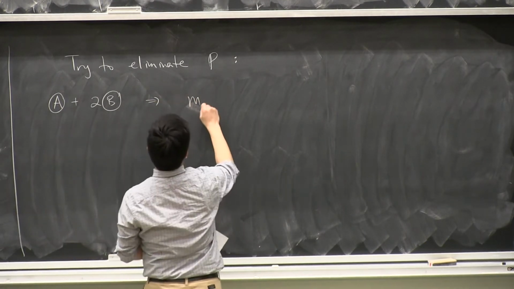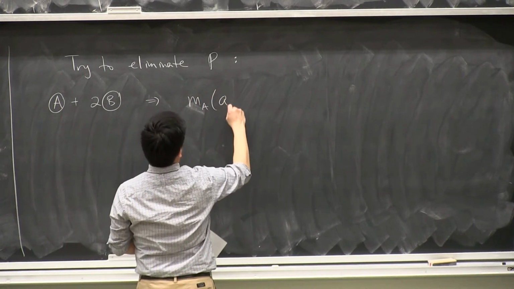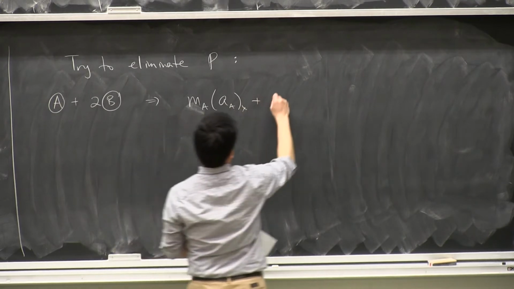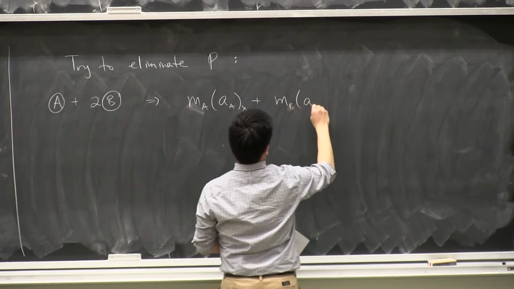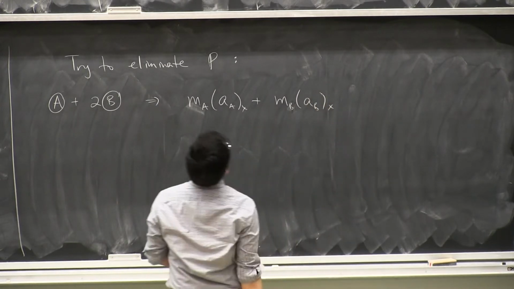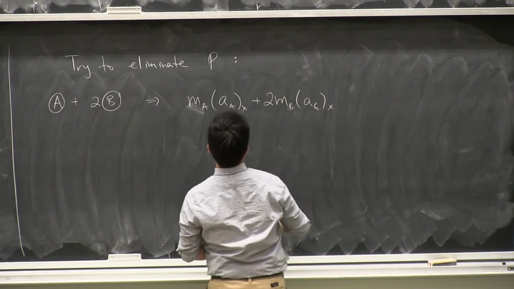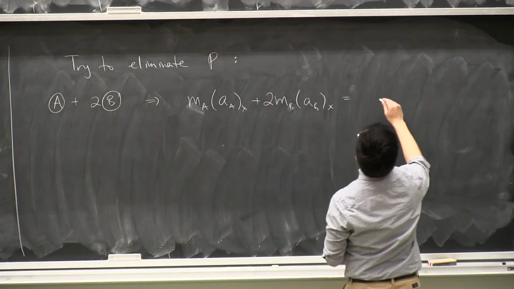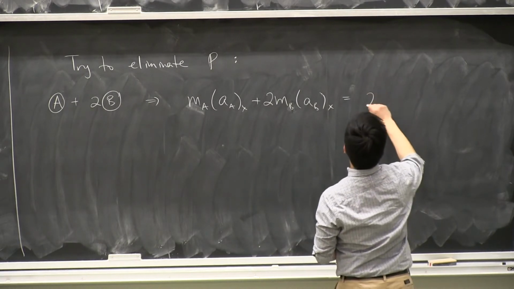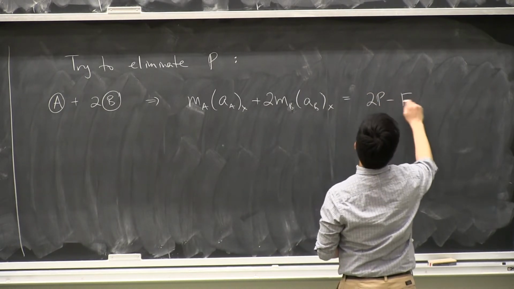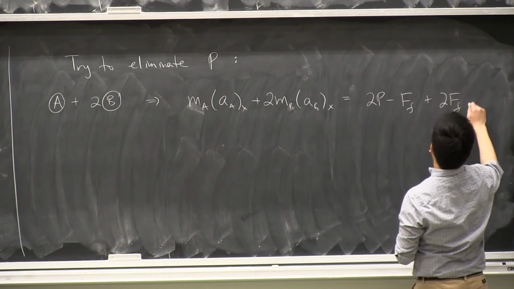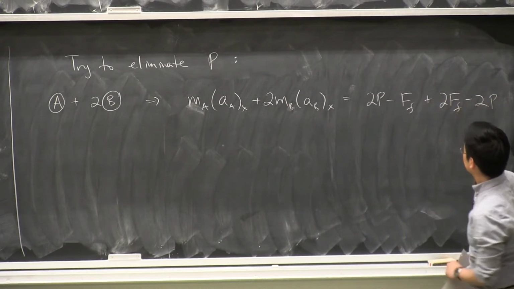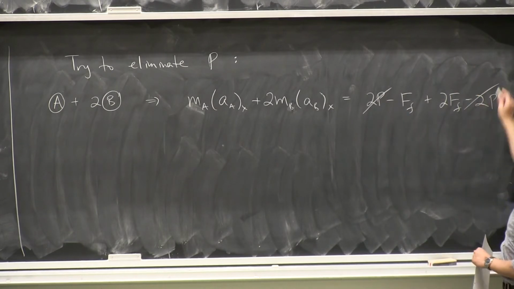So here's my MA AAX plus MB ABX, 2 of these, is equal to 2P minus FF plus 2FF minus 2P, and these will cancel.